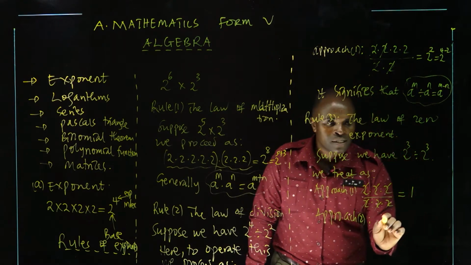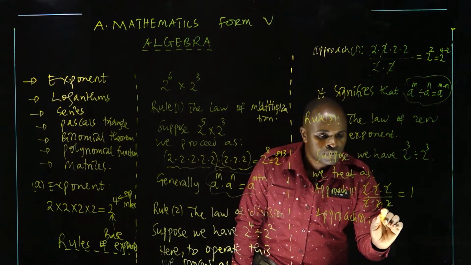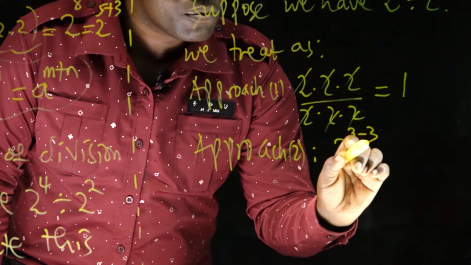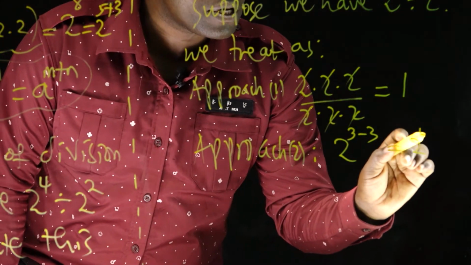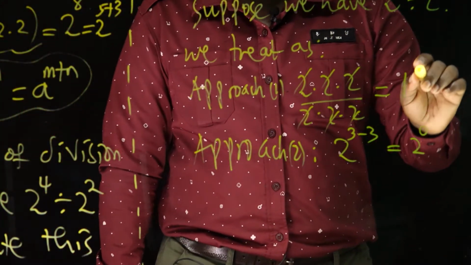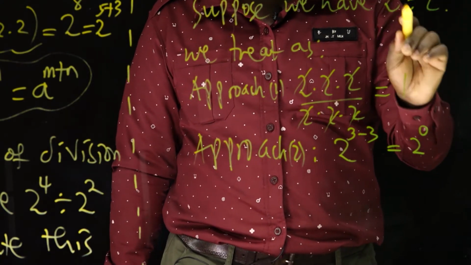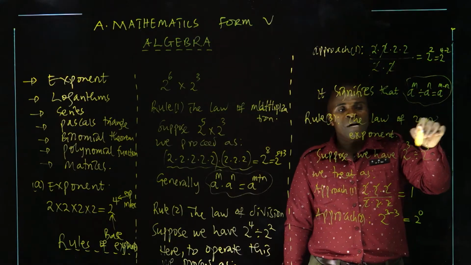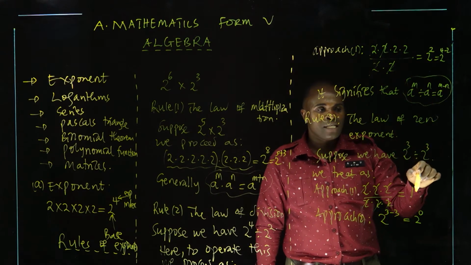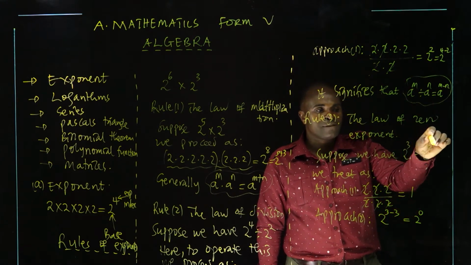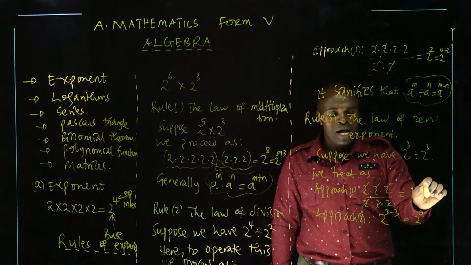We could just take it as 2 power 3 minus 3, which is the same as 2 power 0. You know why? We say when we divide numbers of the same base, we will simply operate on the indices. That is to take 3 minus 3, which gives 2 power 0.